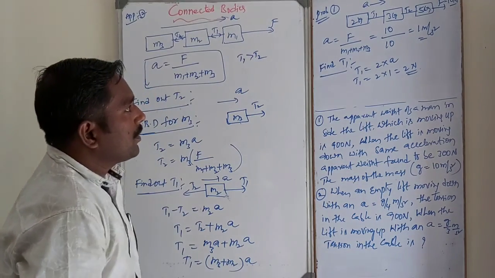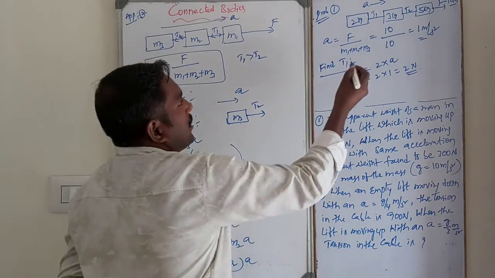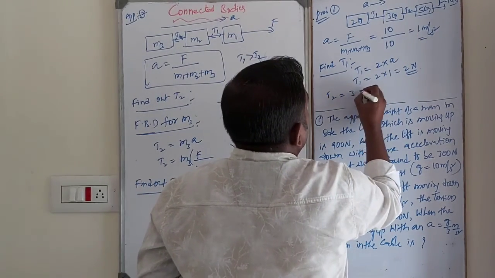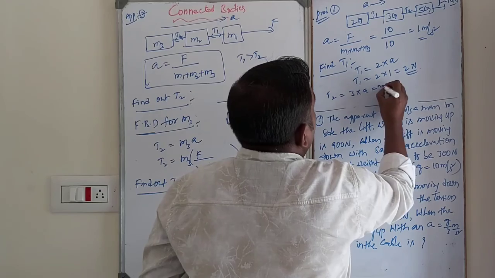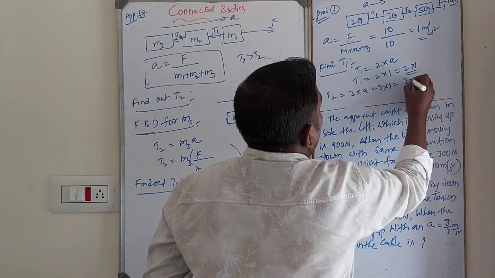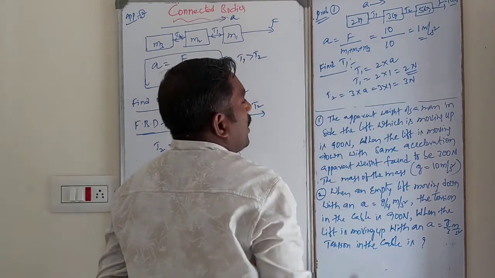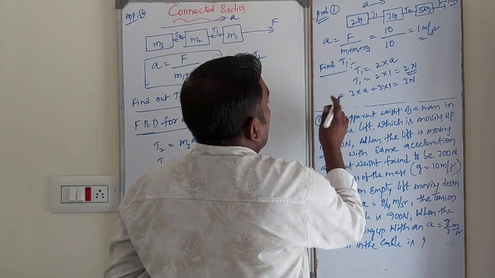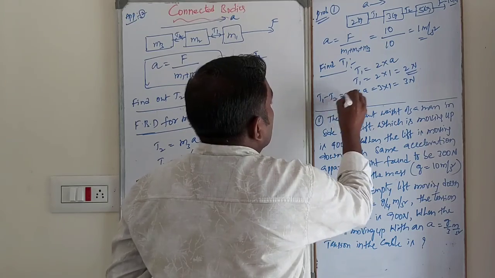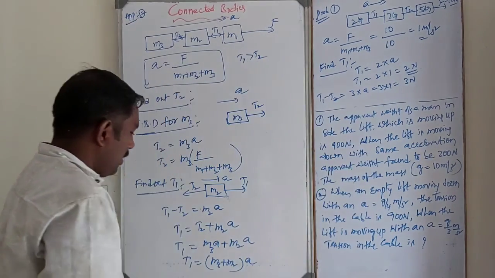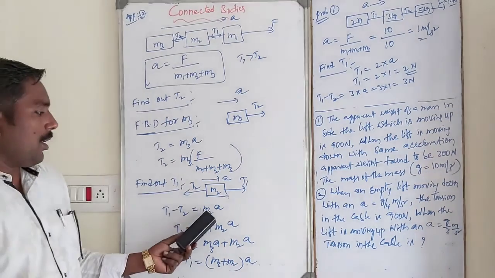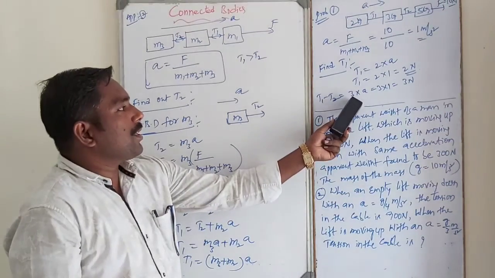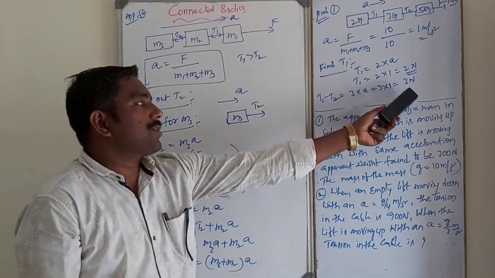Okay, simply, so directly T2 is equal to 3 kg into acceleration, that is 3 into 1, that is 3 Newton. This is nothing but T1 minus T2. See, T1 minus T2 is equal to M2A. T1 minus T2 is equal to M2, that is 3 kg into A value 1, that is 3 Newton.